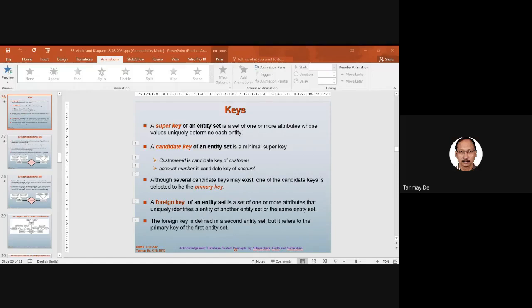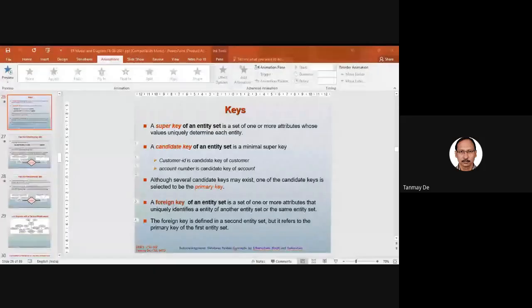A super key is the set of attributes which can uniquely determine each entity. A candidate key is the minimum number of attributes among the super key from the entity set.